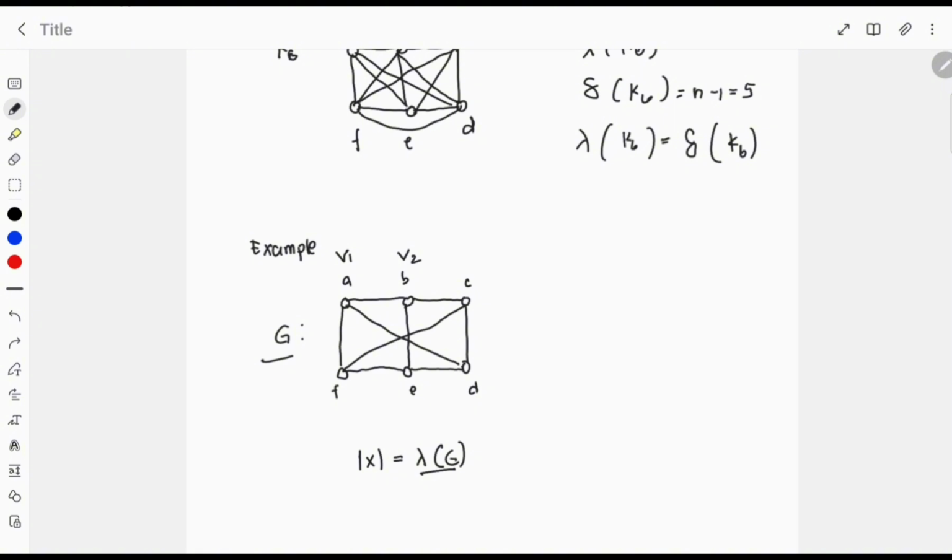So the proof assumes that each vertex in H1, this one is H1 and H2, has at least one edge in X connecting it to H2.